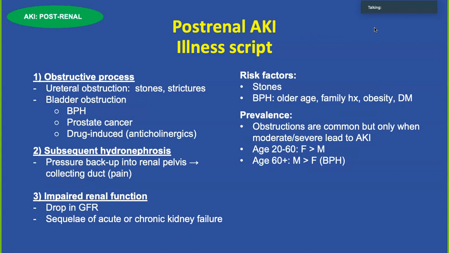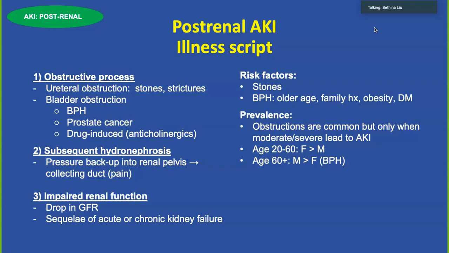Moving on to post-renal AKI, this usually results from first an obstructive process. This can be an obstruction of the ureter by stones or strictures, or it can be a bladder obstruction, commonly seen in patients with a history of BPH, prostate cancer, or it can be drug-induced, especially with use of anticholinergics.